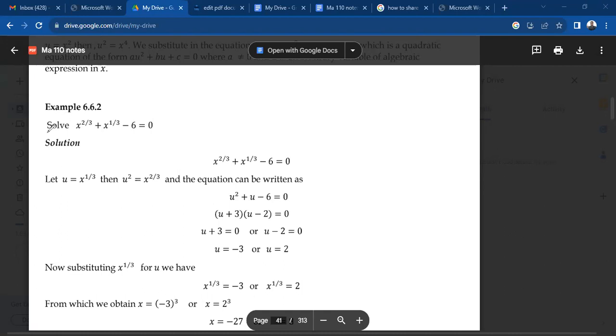The question is x raised to the power 2 over 3 plus x raised to the power 1 over 3 minus 6 equals 0. How do you know that this is quadratic? Remember, we started with indices; those were not useless. So you can rewrite this as x to the power 1 over 3, in brackets, with the power 2 outside.